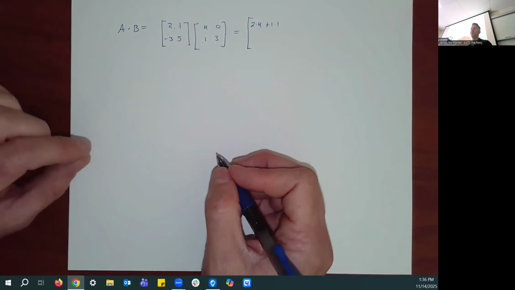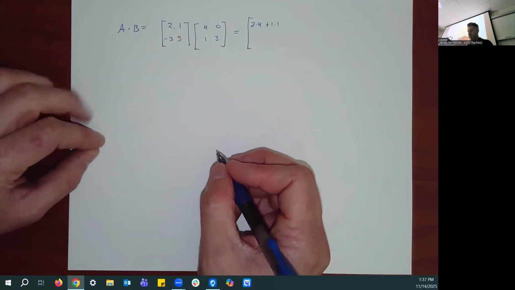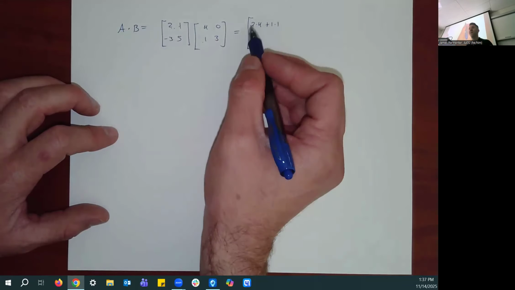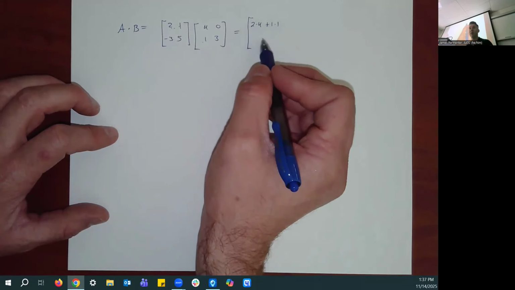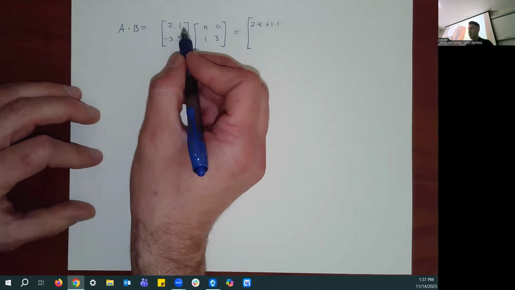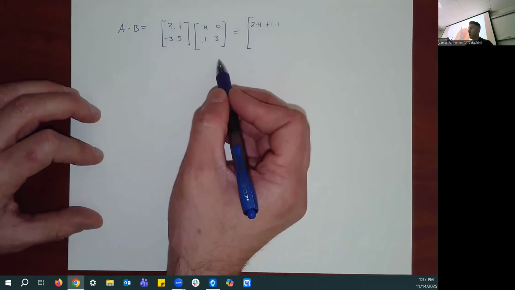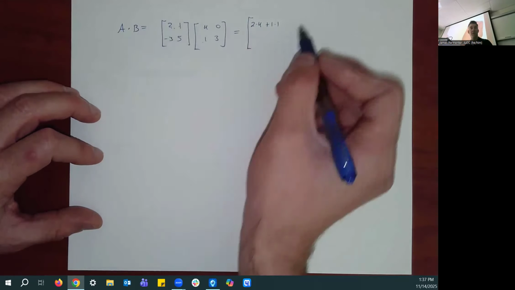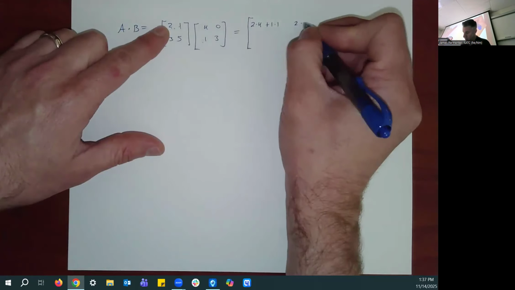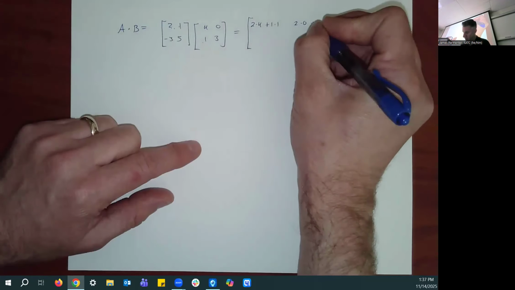Also, something that I didn't learn until much later, but I think is worth knowing: if you take the first row of A and the first column of B, you get the entry that's in the first row and first column of your product. And that's always true, meaning when I take the first row of A dotted with the second column of B, I'm going to get the entry that's in the first row and second column of my product matrix. It's going to be 2 times 0 plus 1 times 3.